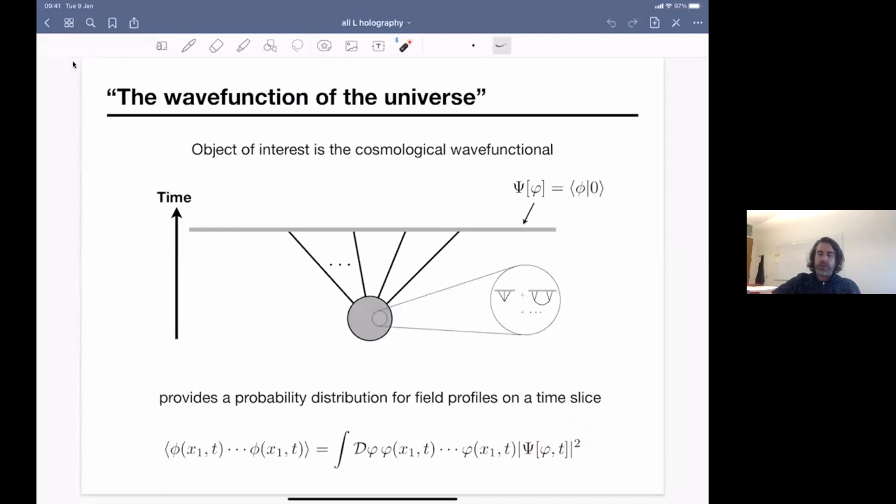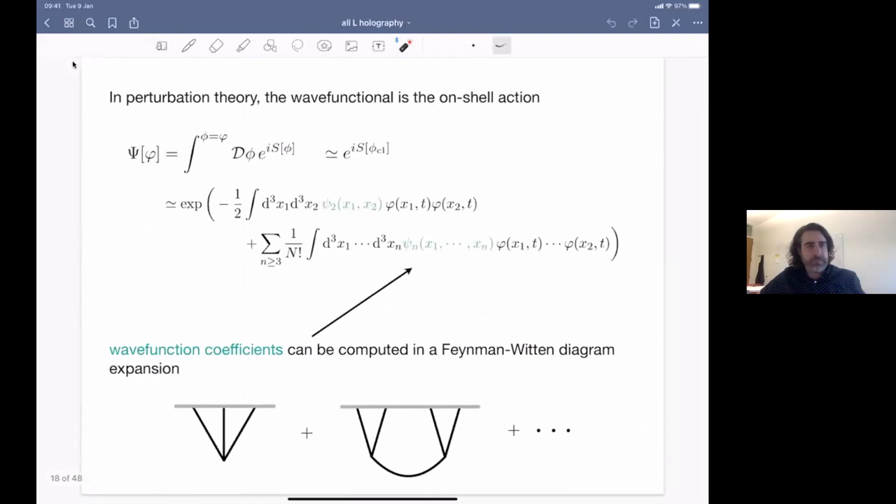Okay. In perturbation theory, so again, I'm going to really only be telling you things in perturbation theory, there's sort of an algorithmic, systematic way of computing this wave functional. And roughly speaking, we're going to exploit the fact that the wave functional is effectively the on-shell action evaluated on some classical solution with prescribed boundary data.